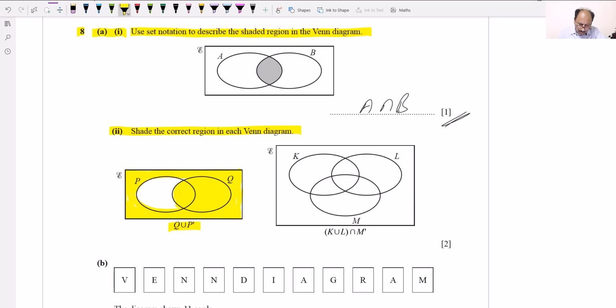Hopefully you understood this. Now for this one, K union L intersection M complement.